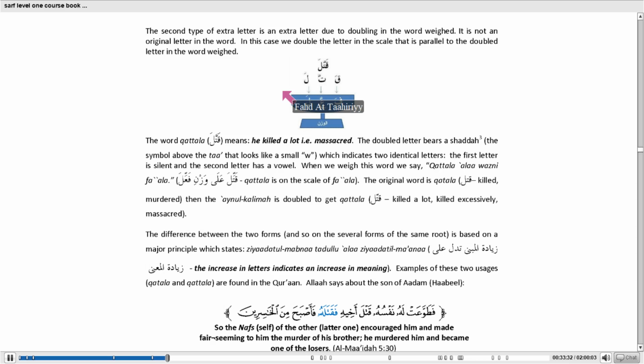So here, it's not just killing once, it's killing more than once, and more than one person. It's a lot of killing here. It's massacring. Clear? So this is a difference between them, a benefit that gives you an idea of what you're going to study in level 2.